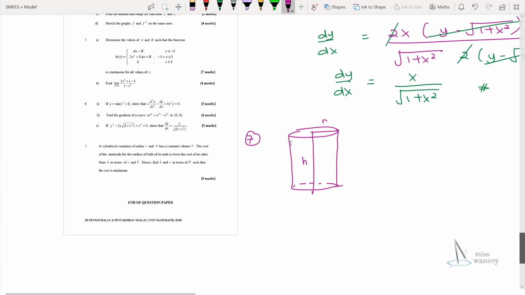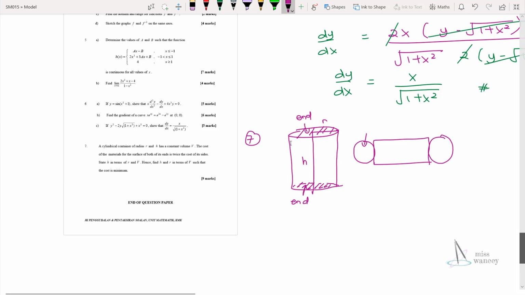So we have its end, which is a circle over here. So this is end. This is also end. And that is the side. So actually if we open our cylinder, we are supposed to get something like this. So we get a circle, and then a rectangle, and then another circle.